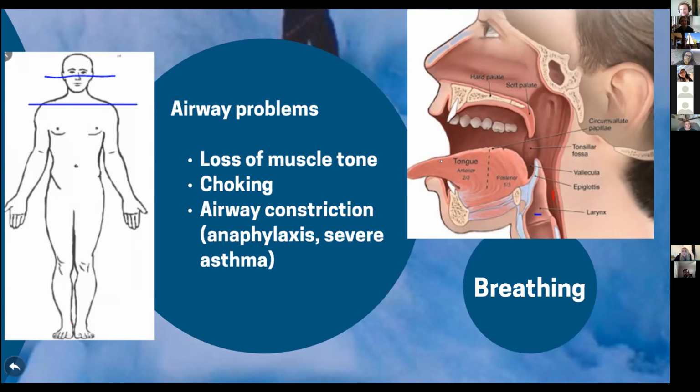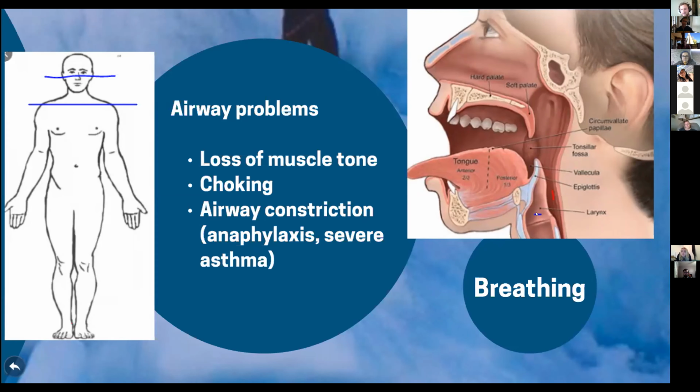So looking at this fancy diagram over here on the right, hopefully you can see my pointer, we have the tongue here, and then we have the epiglottis. When you swallow food or water, your epiglottis closes over your windpipe and diverts all the food and water into your esophagus.